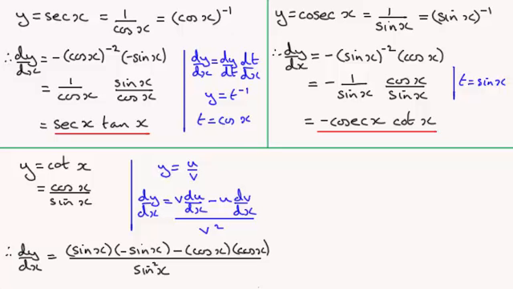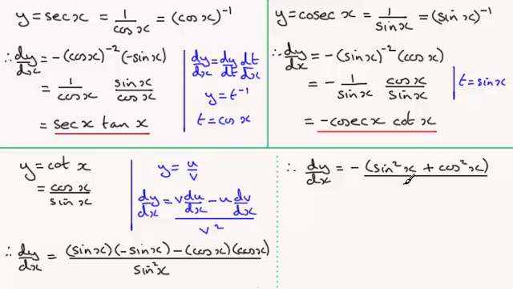Okay, so just border this off down here and tidy this up. So we've therefore got dy by dx equals, and this is minus sine squared x, this is minus cos squared x. So we'll just pull out a negative there, and then it becomes minus sine squared x plus cos squared x, and all of this is divided by sine squared x.